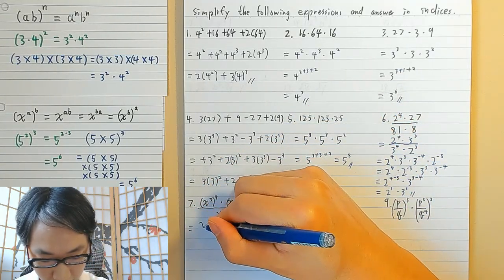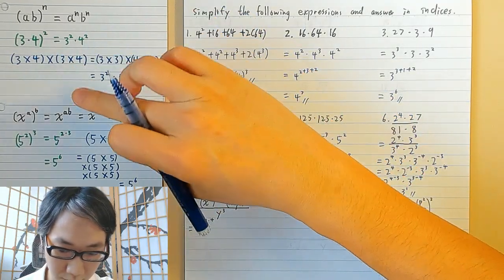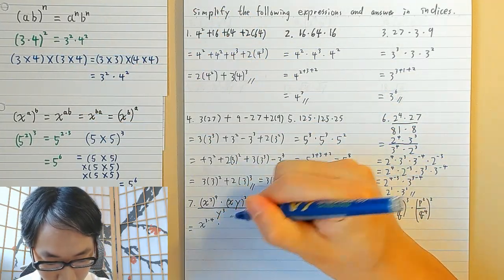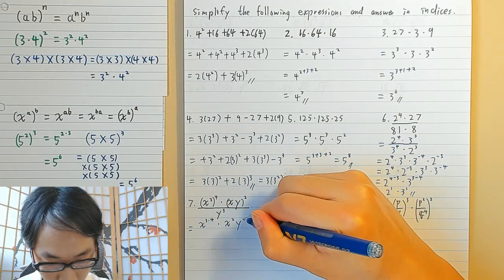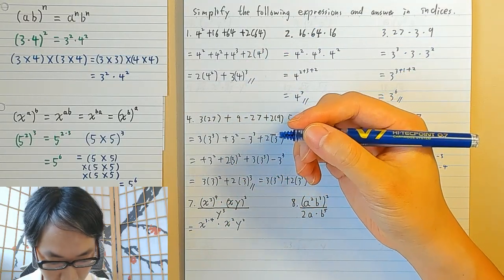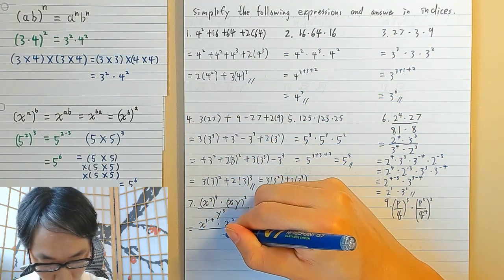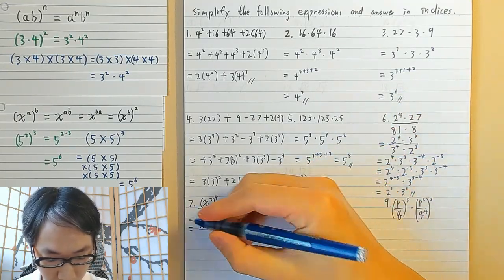So we have x to the power of 3 times 4, this rule, times, and then distribution, x squared y squared, this rule, and then over y cubed. Then we can remove the fraction.